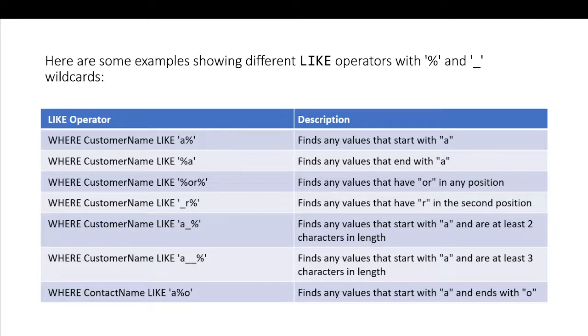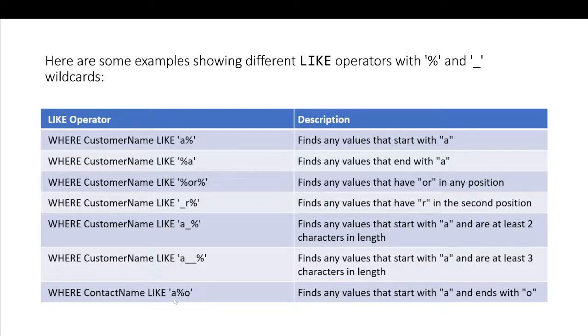It means if you have a name like Annie, it should have at least two or three letters beside the A, then only it will recognize. The same goes with A, two underscores and percentage, which means the length of the name should be at least three letters. The last one is A percentage O.